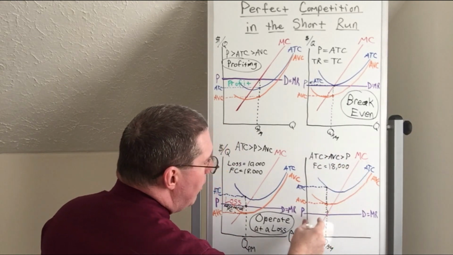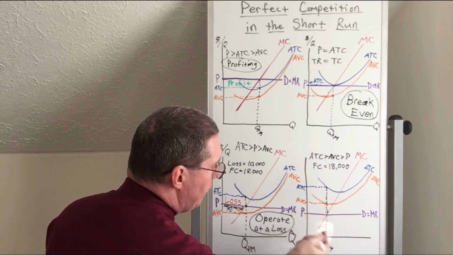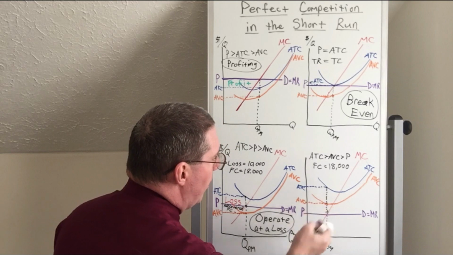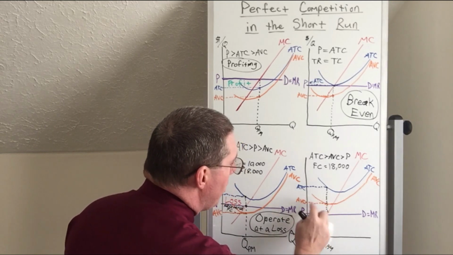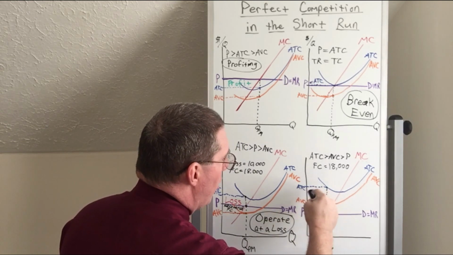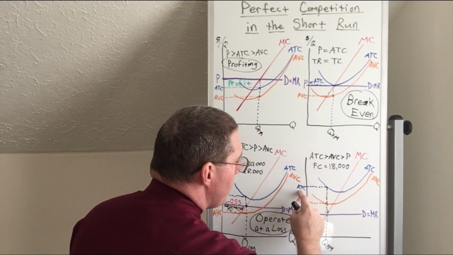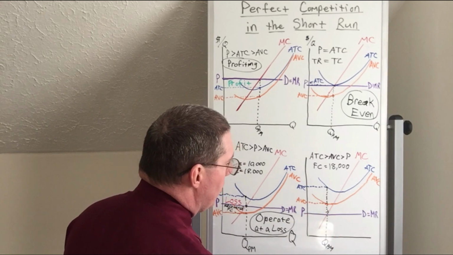All right. Let's say that our revenues are, I don't know, 20,000, okay? But variable cost looks like it's about maybe 30,000, okay? So 30,000 for variable plus 18,000 for fixed cost, that's 48,000. So total cost is 48,000, but revenue looks like it's only 20,000.